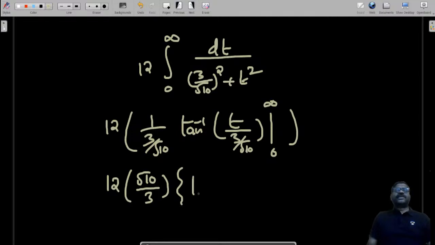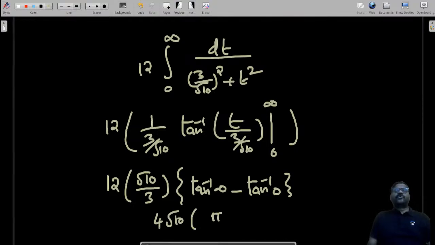12 into root 10 by 3, tan inverse infinite minus tan inverse 0. Small mistake here.